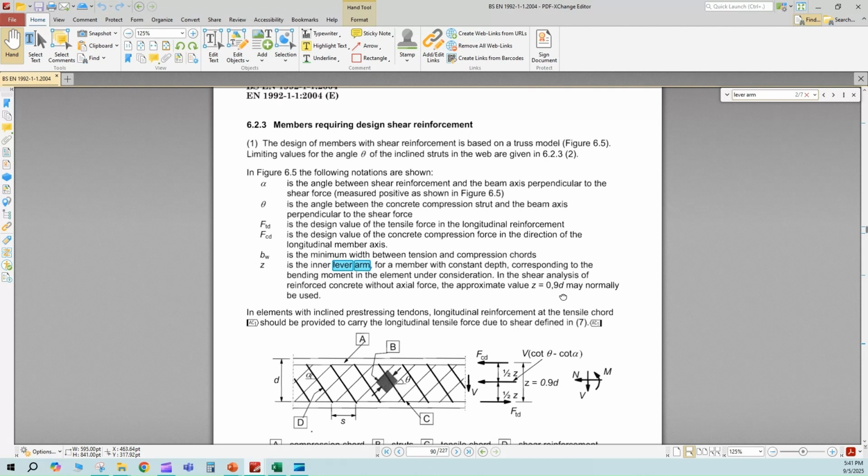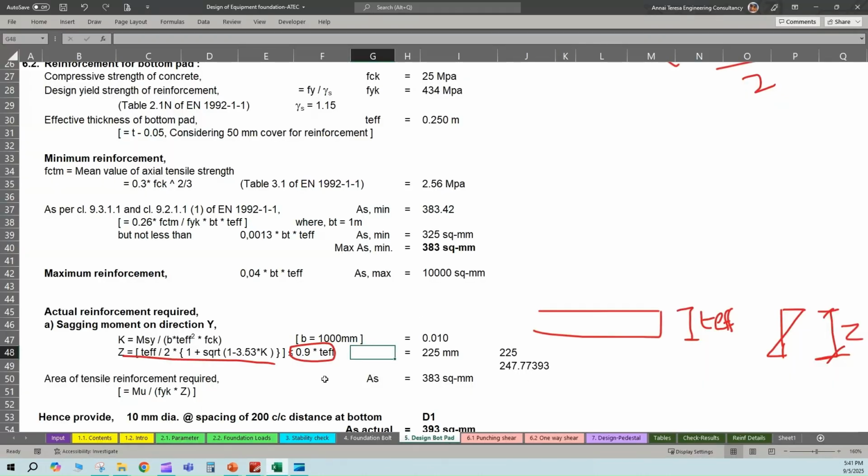We have considered the same concept here in our Excel sheet, or else we can directly consider 0.9 times the effective thickness of the slab, which is 225.